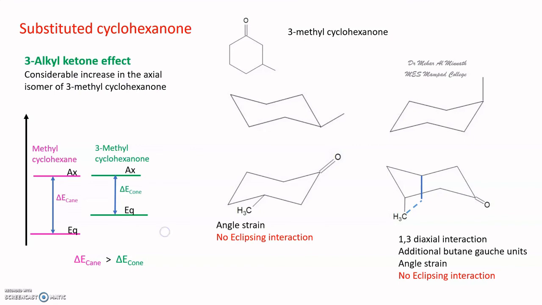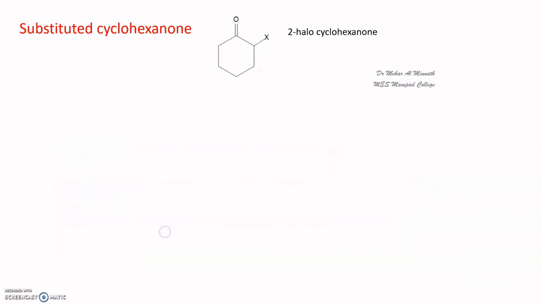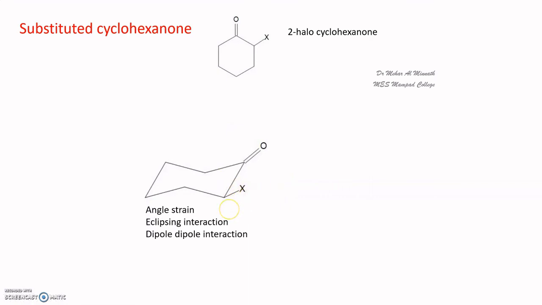Now when we take another example, that is 2-halocyclohexanone, instead of a methyl group, we are introducing a halogen group. Now when you write the equatorial chair form of this, what we find is, apart from the eclipsing interaction and angle strain, there will be dipole-dipole interaction.